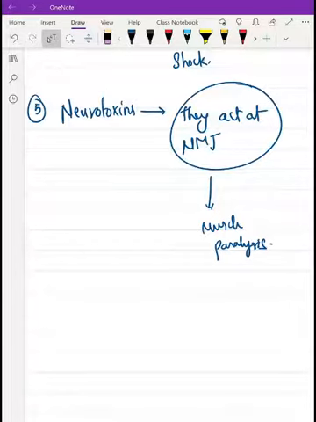You all know, you read it in pharmacology. It is myasthenia gravis. Why did I tell about myasthenia gravis? Because when the neurotoxins act, the first effect you see is ptosis. Similarly, in myasthenia gravis also the first effect you will be seeing is ptosis.